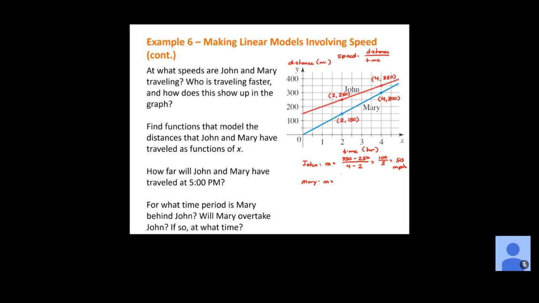Substituting into our slope formula, we start with 300, subtract 150, and put that over 4 minus 2. This time, 300 minus 150 gives us 150 over 2, or 75. And again, those units are miles per hour. So John's traveling at 50 miles per hour, and Mary's traveling at 75 miles per hour.